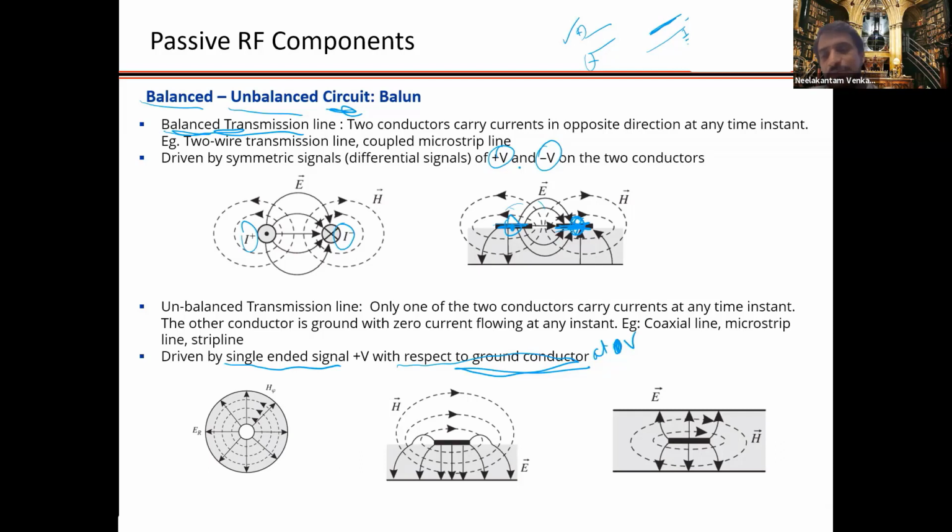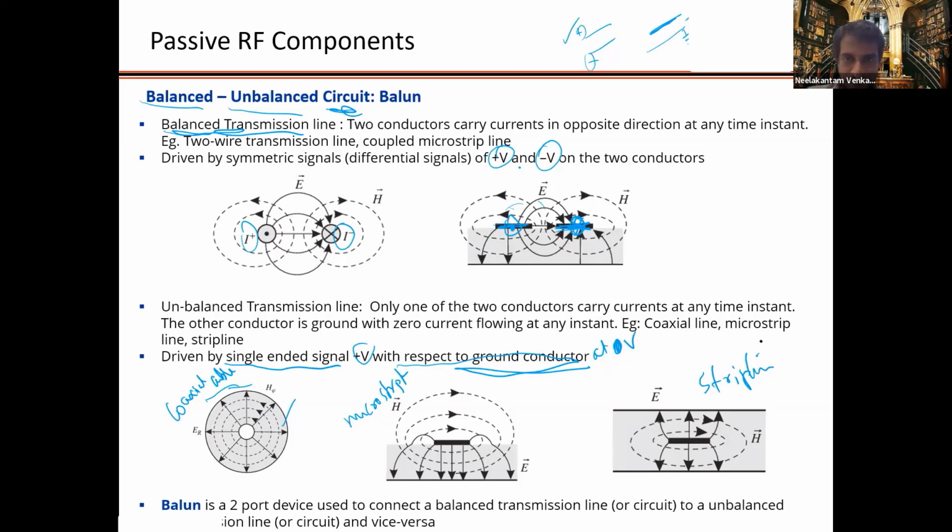So coaxial cable, where you had the inner conductor and the outer conductor, that is single-ended, unbalanced. There is no minus to balance the plus, or no plus to balance the minus. So coaxial cable, microstrip, strip line, all these are unbalanced transmission lines.